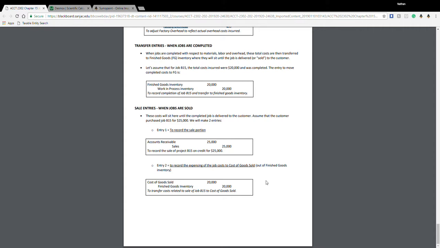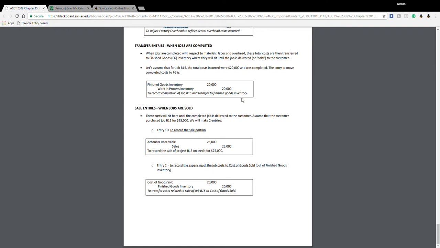This shows signs that everything's done. We're only going to bring in the costs that have been incurred for that job. So for this job, at the end, after everything was said and done, cost us $20,000 to actually do. So again, we'll debit finished goods inventory of $20,000, credit work in process of $20,000. That's good. Job is complete.